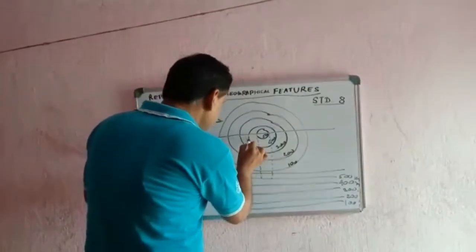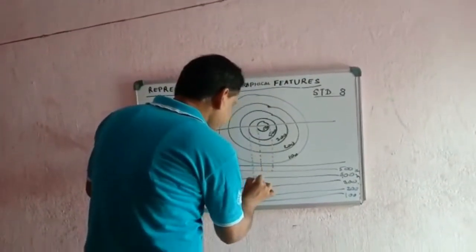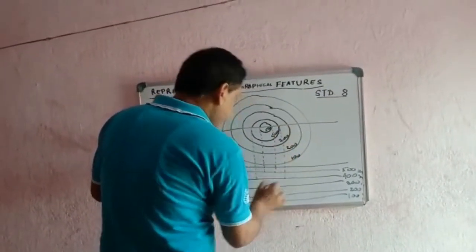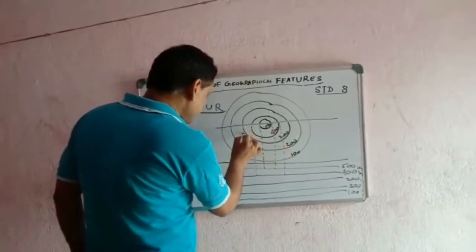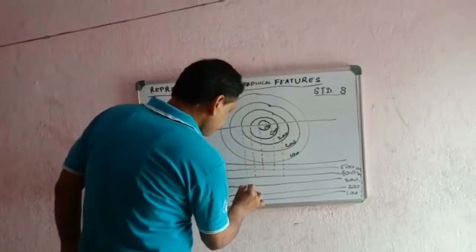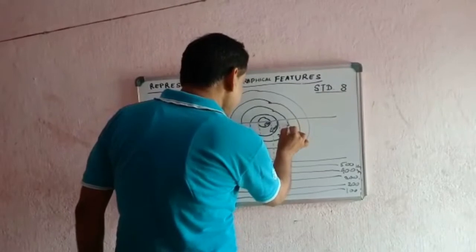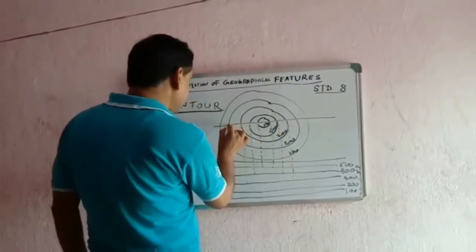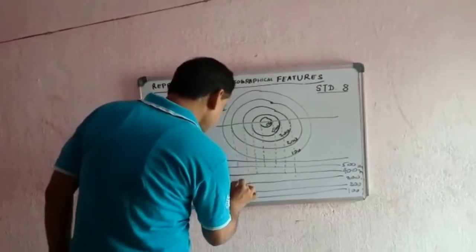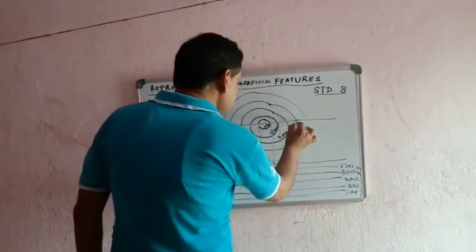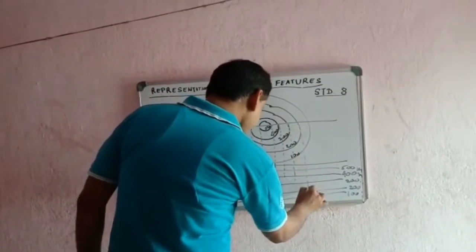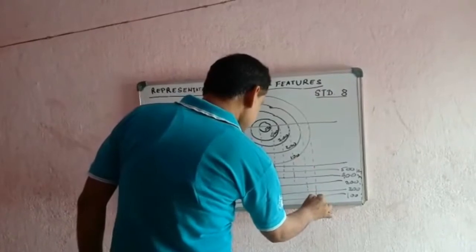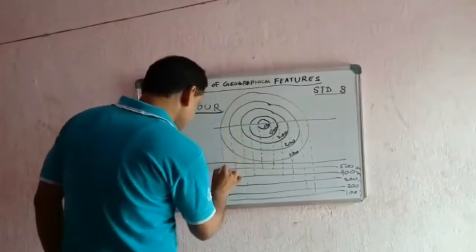This is 400, you drop 400. Next is 300. You only have to draw perpendiculars by dotted line. This is 200, this is 200. Now both sides, this is the 100 line.